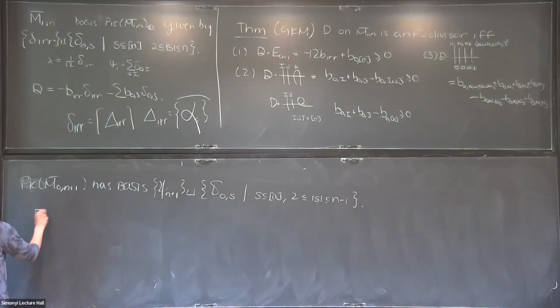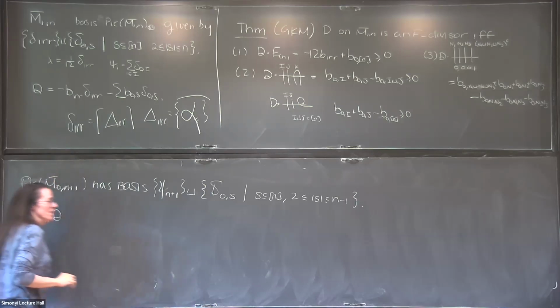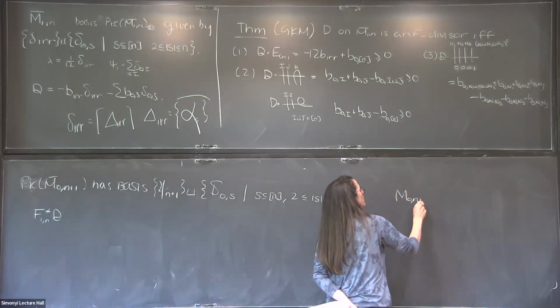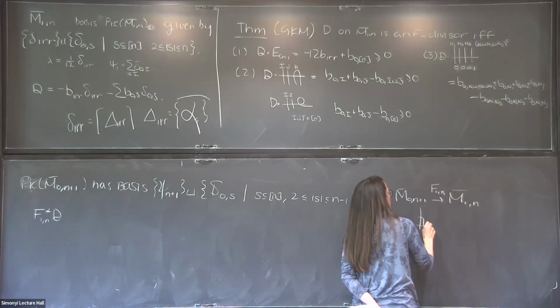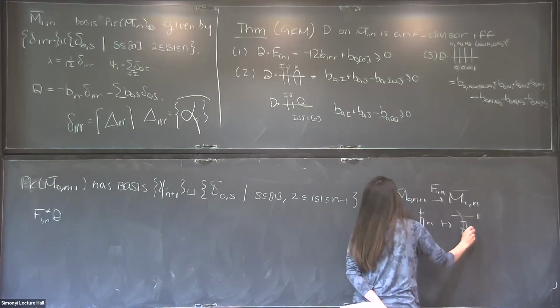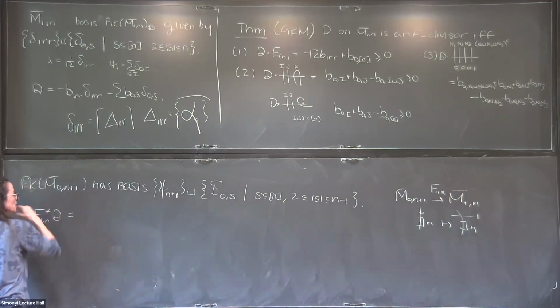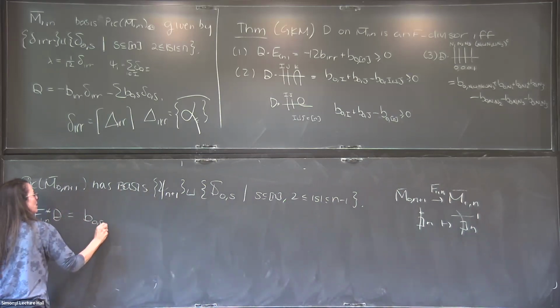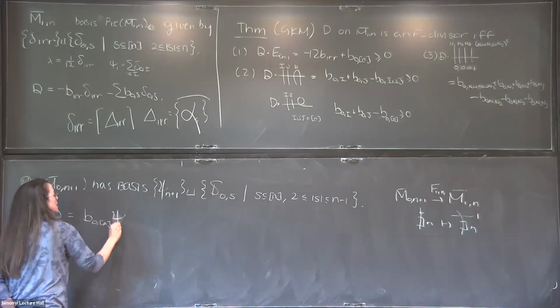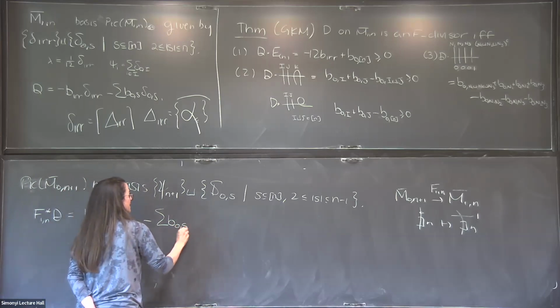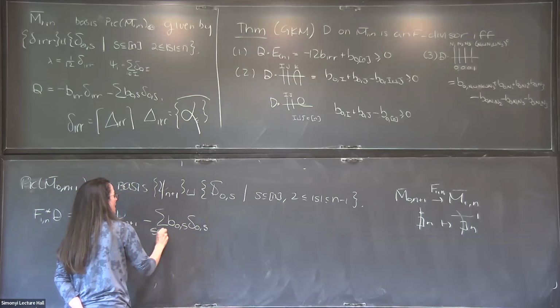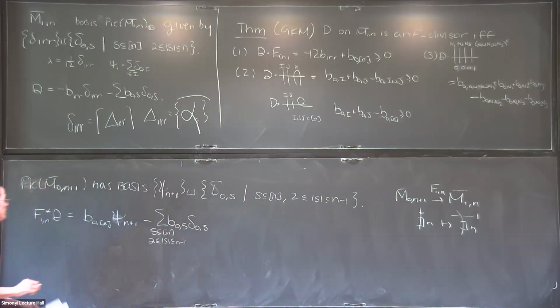So, for example, if we pull the divisor back to M0 N plus 1 along this flag map, the divisor looks like B0 and psi N plus 1 minus the sum B0 S delta 0 S, where S is in N, 2 less than order of S less than N plus 1.